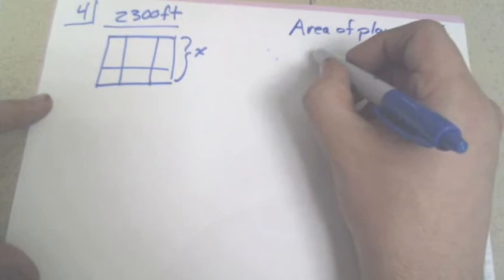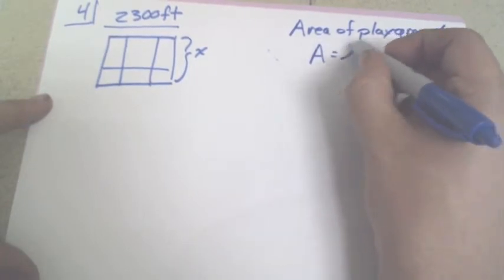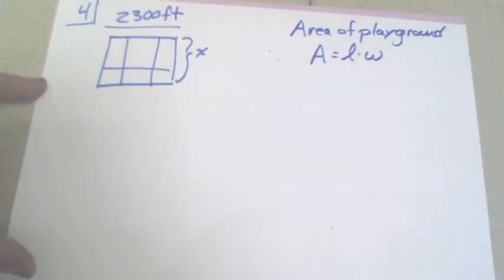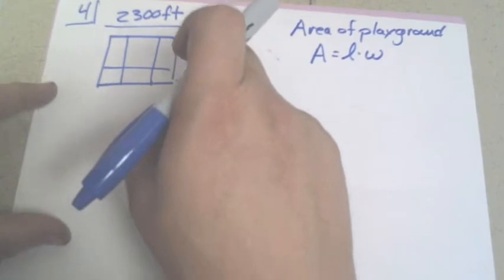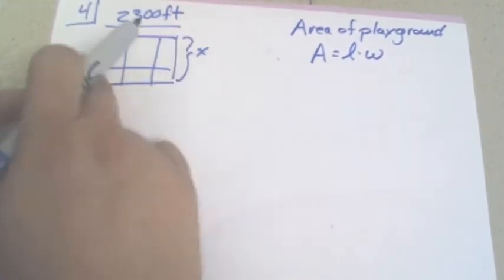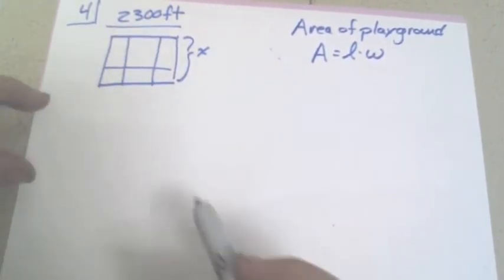So it might be nice to recall that area equals length times width here. So that length times the width is going to be our area, but we have to get that down to just one variable x. So it might be nice to express these lengths.